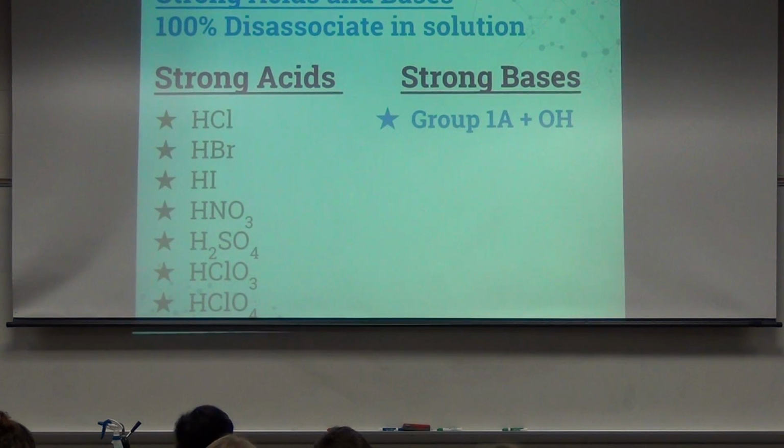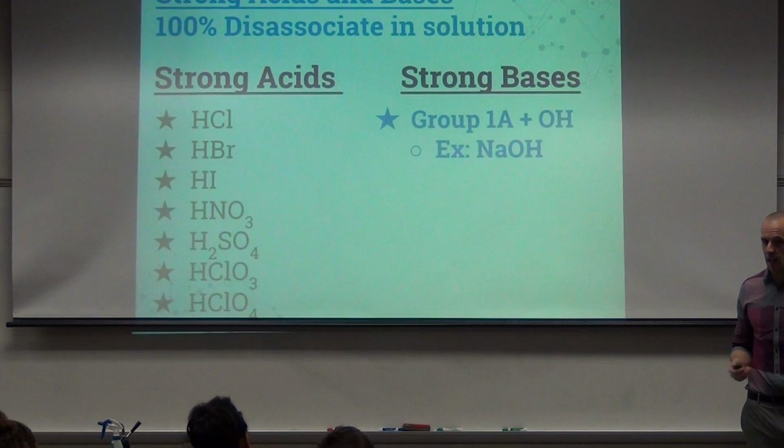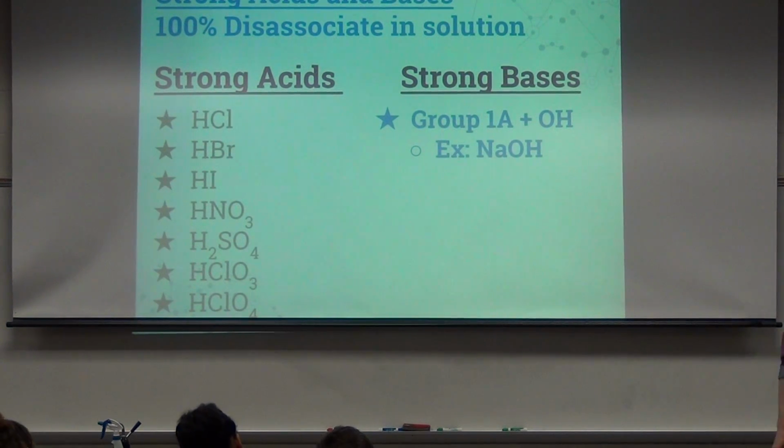Okay, strong bases then are a little bit easier to remember. They're just group 1A plus OH, so that means all these guys minus hydrogen, that makes water. Okay, water's not a strong base. But those plus hydroxide. So an example of that would be NaOH, or sodium hydroxide.